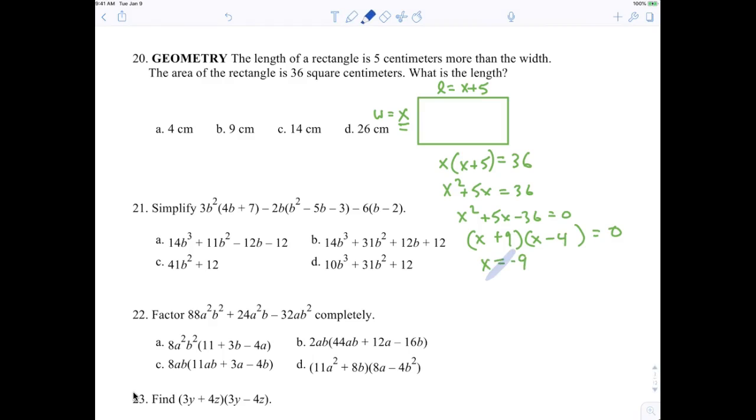That's called an extraneous solution because length can't be negative, or x equals 4. All right? Now, x stands for the what? Width, right? And they're asking about the what? Length. So if the width is 4, the length would have to be what? 9. Is everybody okay with that? Any questions?